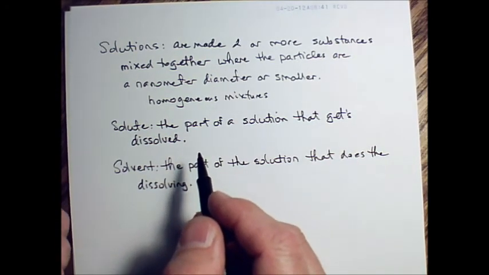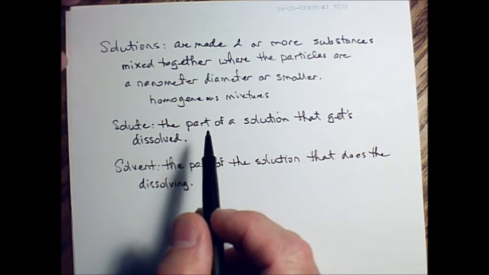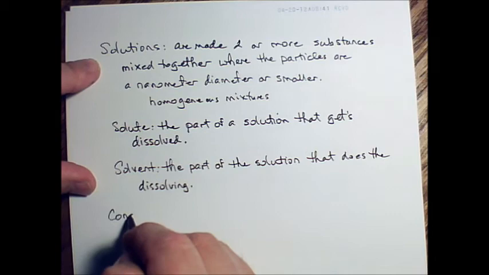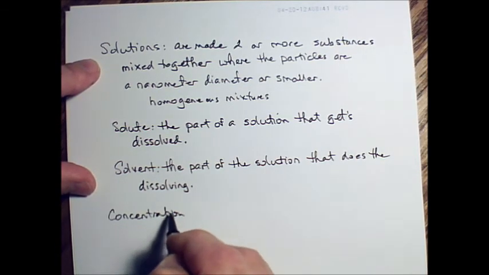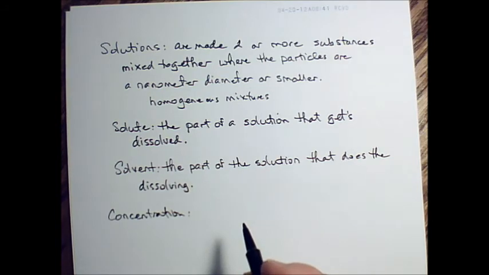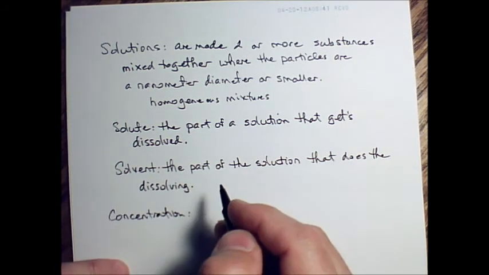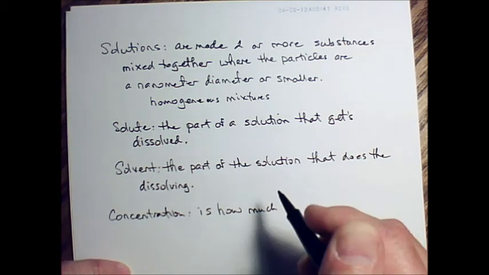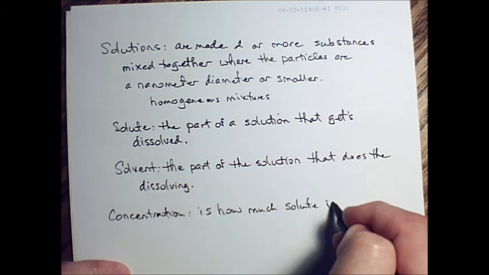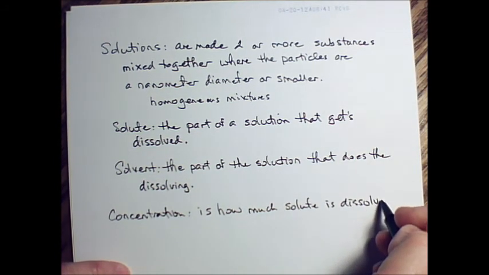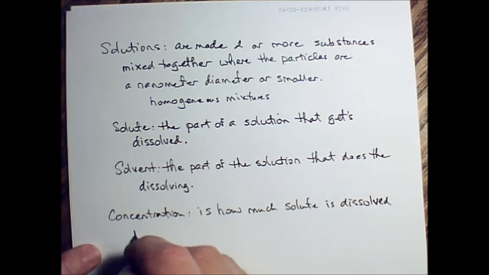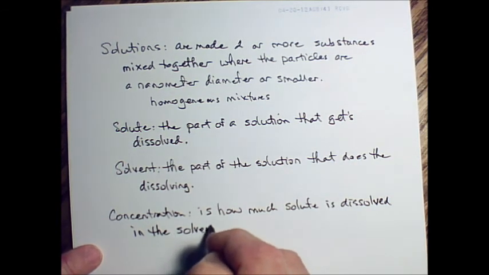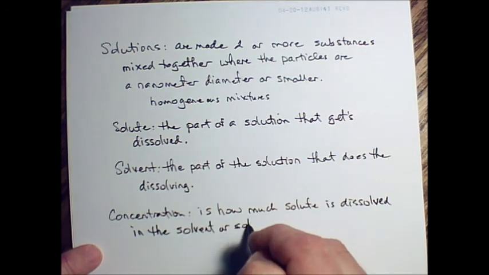So we're going to learn about 3 ways of determining, measuring, if you will, the concentration of solutions. So concentration, in general, we could say is how much solute is dissolved in the solvent or solution.